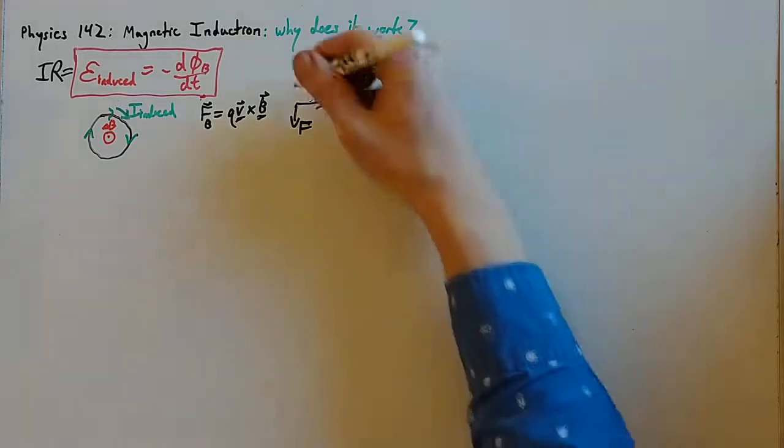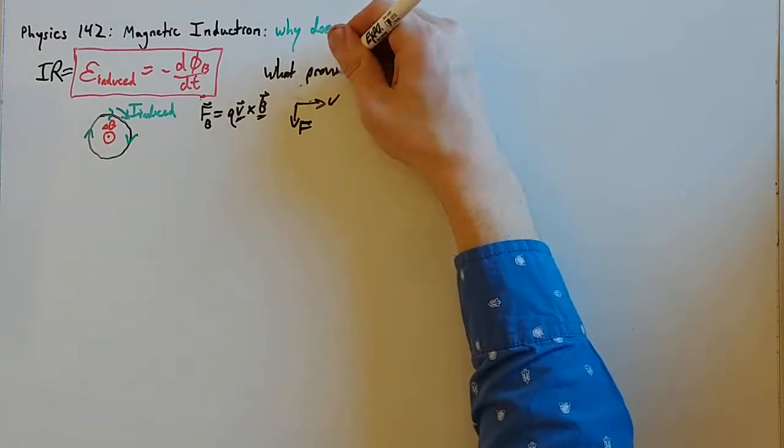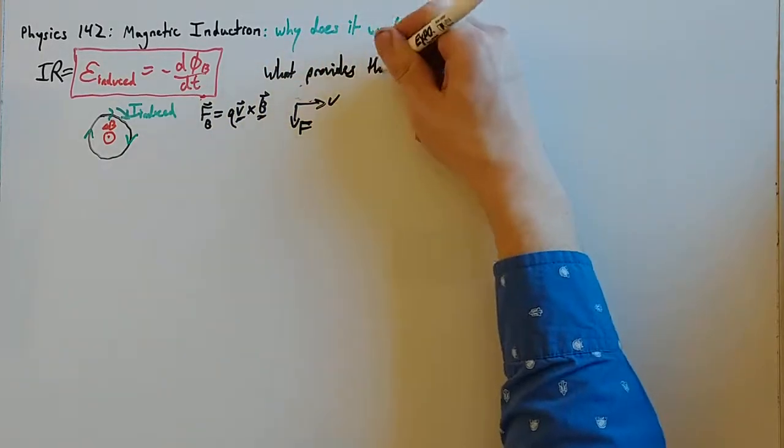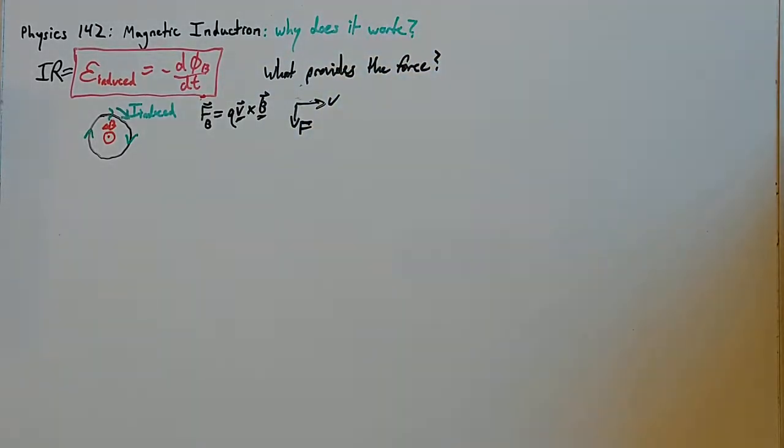So, the question here is what provides the force? And the answer is, well, it can't be the magnetic field. It's not the magnetic field that's providing the force. So, if it's not the magnetic field, what could do it? Well, the only other thing that could provide a force on a charged particle must be an electric field.